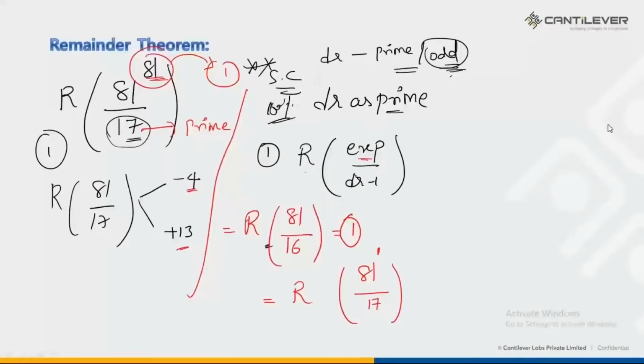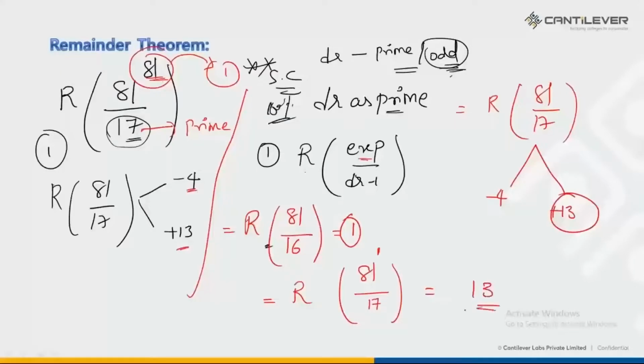You know how to solve this one. Since it is directly 81, the remainder when 81 is divided by 17: 85 gets cancelled, so -4 is the remainder, or else +13. So for this, the remainder is 13.